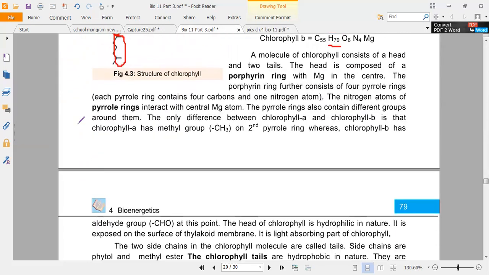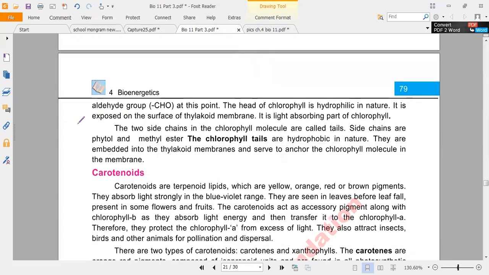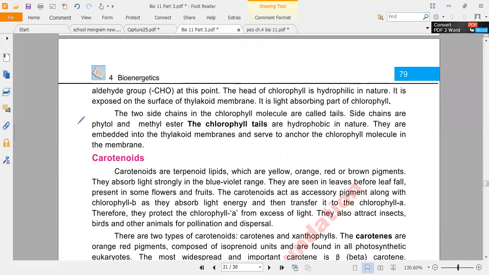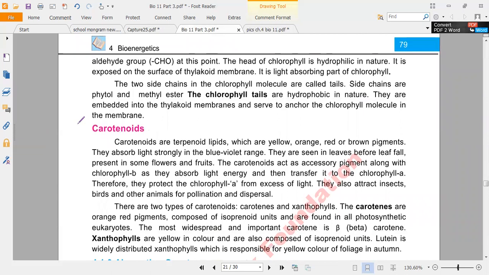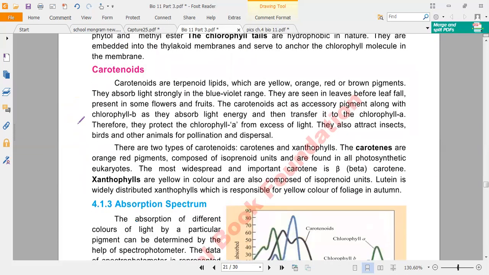So let's talk about the next one, that is carotenoids. Carotenoids are also terpenoid lipids, which we have seen in chapter number 2. Carotenoids are of different types, which we have seen before. They are yellow, orange, red, or brown pigments.